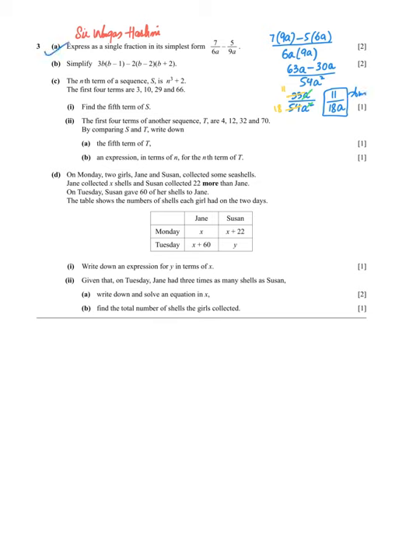Alright, for part B it says simplify 3b times b minus 1 minus 2b plus 2 times b minus 2b plus 2. Alright, so first I need to multiply. So 3b square minus 3b minus 2, as it is outside the bracket, and that is an identity of a minus b, a plus b.